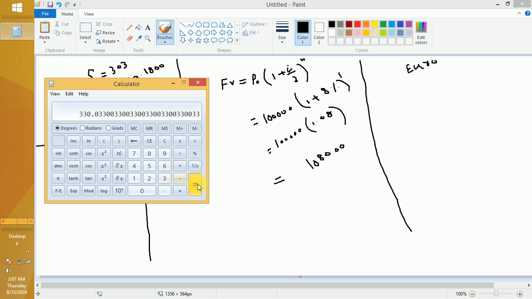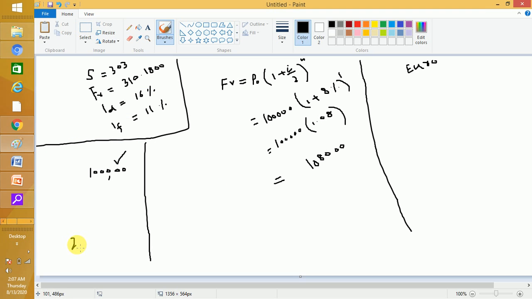So we got 330.033. So these are now euros with us. So now we will invest the same money in euro.